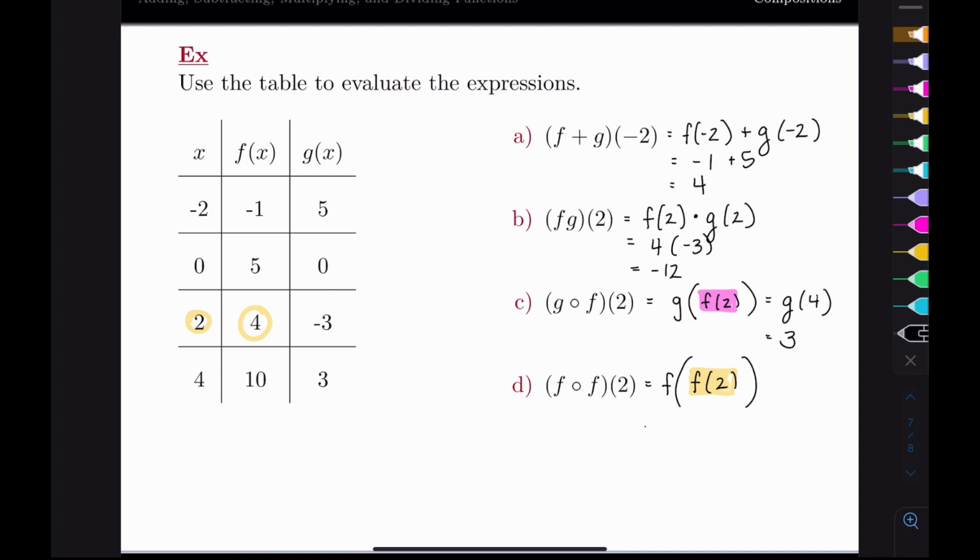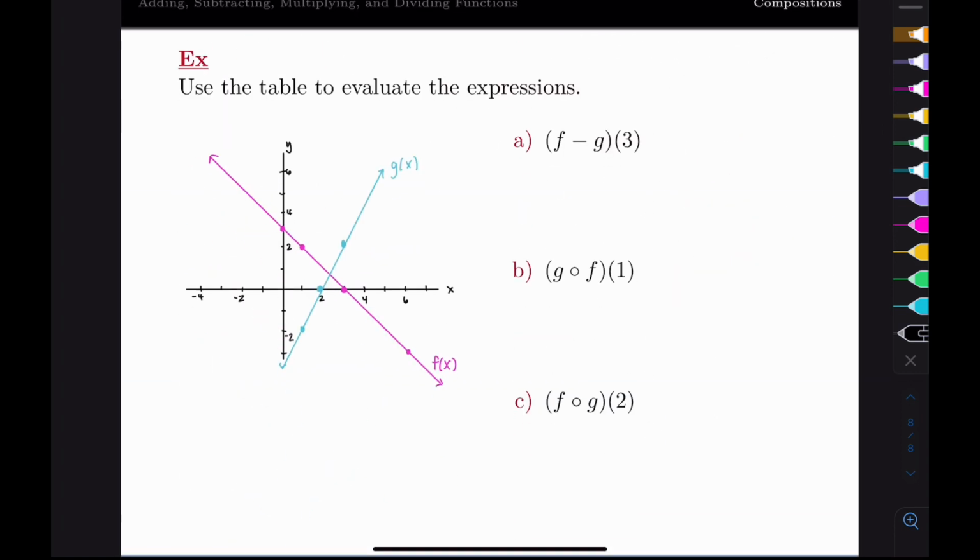So the inside can be replaced by 4. And now using our chart again, when x is 4, f is 10. So this ends up equaling 10. So you start with the inside, evaluate that, then you go ahead and evaluate the outer function of whatever you found simplified from the inside.